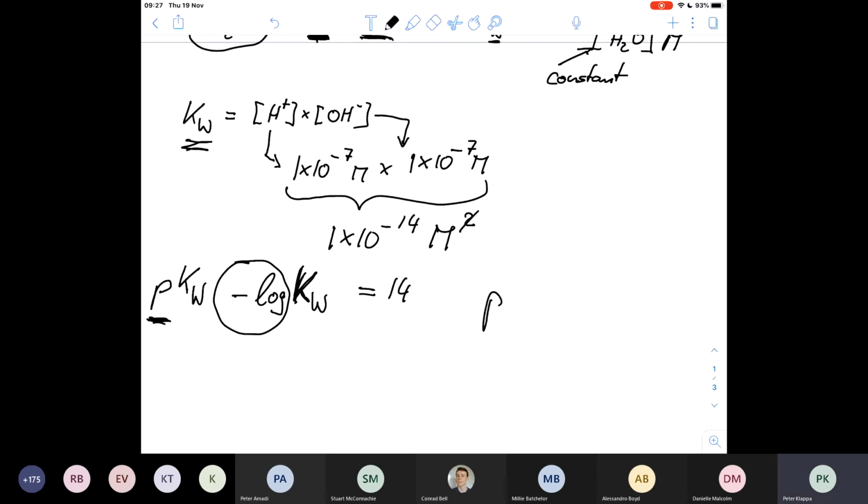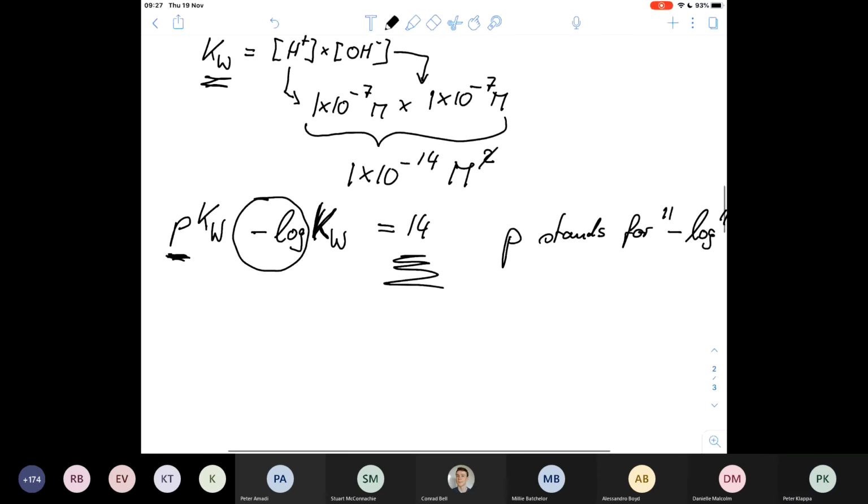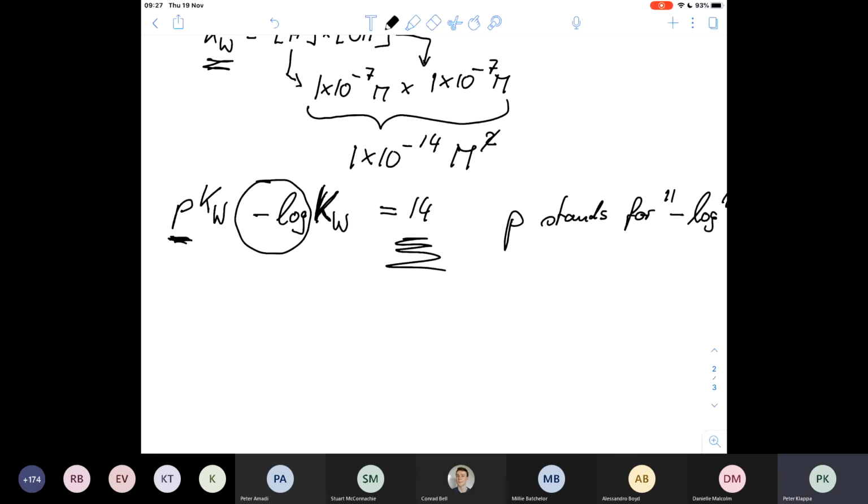So P stands for negative log. So pH, take the negative log. And that is where this 14 comes from. Isn't that cool? The 14 comes from the ion product of the water, because the water dissociates into protons and hydroxide ions.